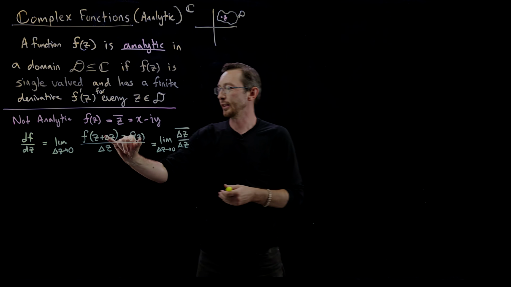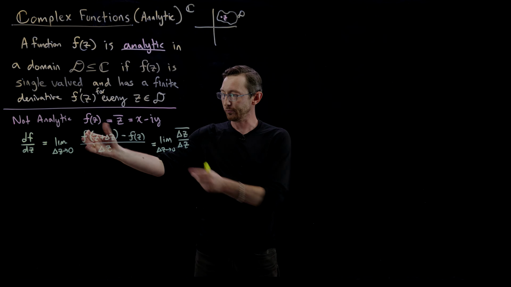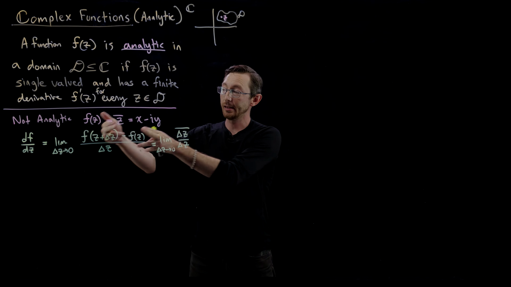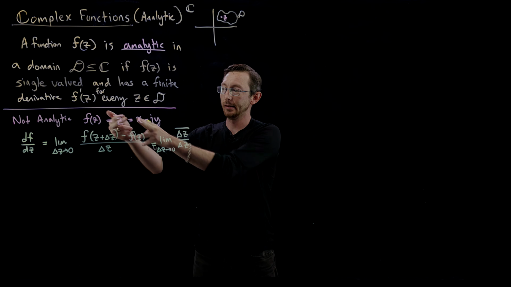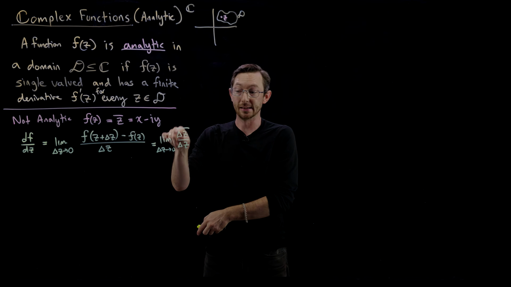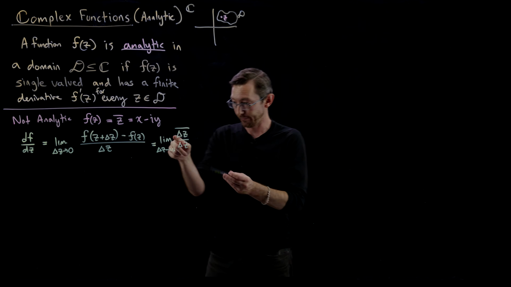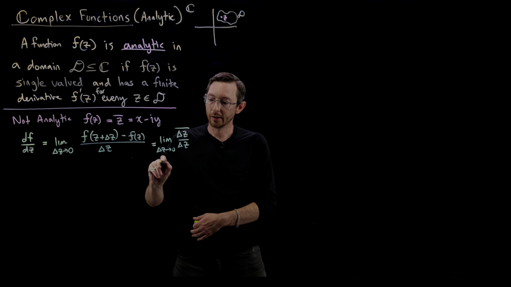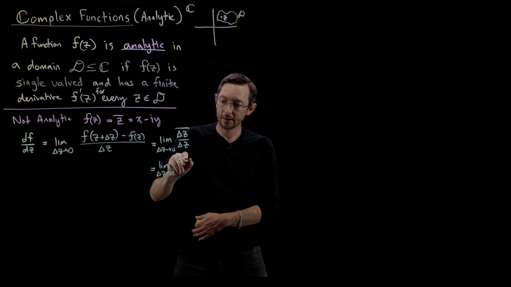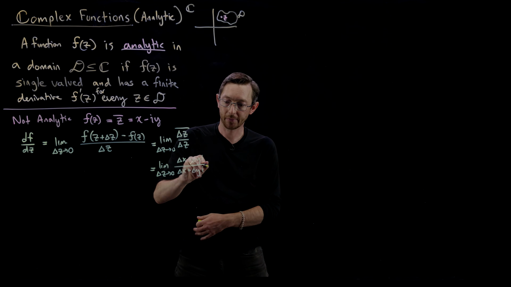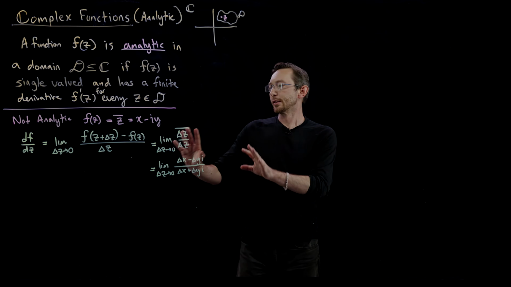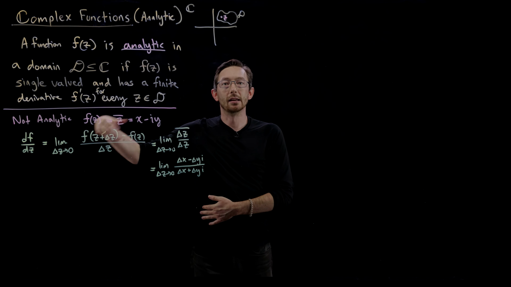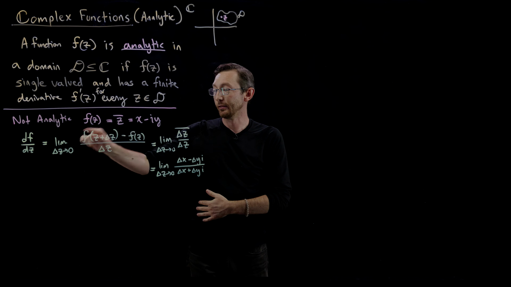You can convince yourself that if you plug in z plus delta z to z bar and z to z bar and subtract them, what you're going to get left is a delta z bar, a complex conjugate of delta z. And this equals the limit as delta z goes to 0 of delta x minus delta y i over delta x plus delta y i. Good.